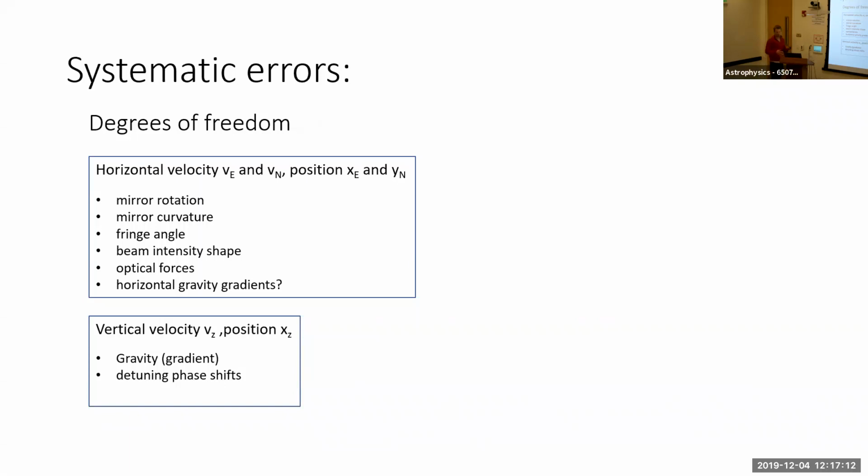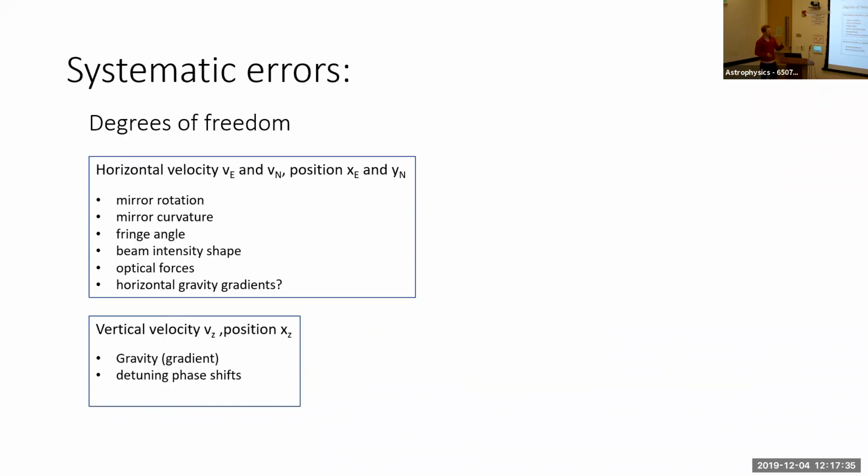The fringe reimprint has some angle that creates problems. Optical forces can couple to those parameters, and maybe even horizontal correlated gradients. We haven't really seen that yet. Okay, so just from the sheer number, you can see horizontal is our biggest nightmare, basically.